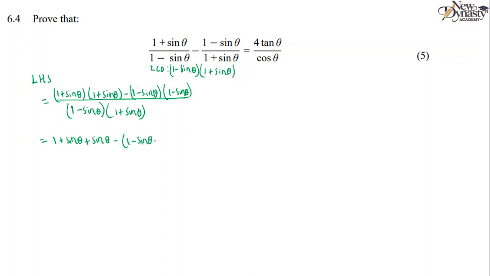Negative sine theta times 1, that is also negative sine theta. Negative sine theta multiplied by negative sine theta, that is a positive sine squared theta. And also here, I think that is something that I left out.